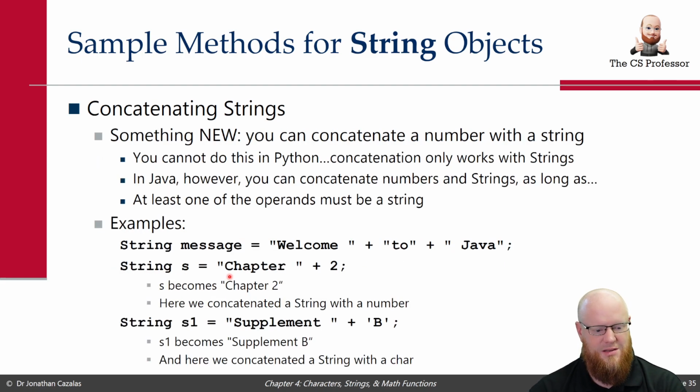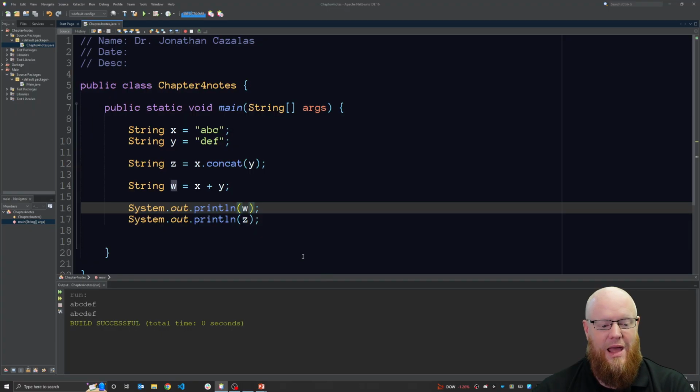Nevertheless, that method exists. Something new, as I mentioned, is that you can concatenate both strings as well as numbers. So here we have string s equals Chapter plus 2. What is a string plus 2? Well, it's going to be a concatenation.